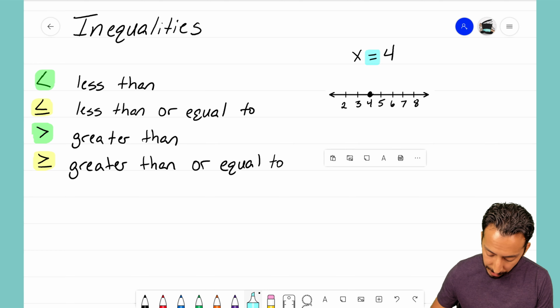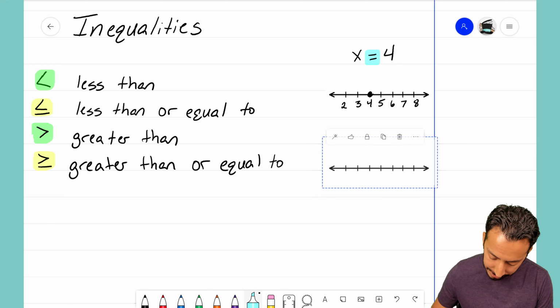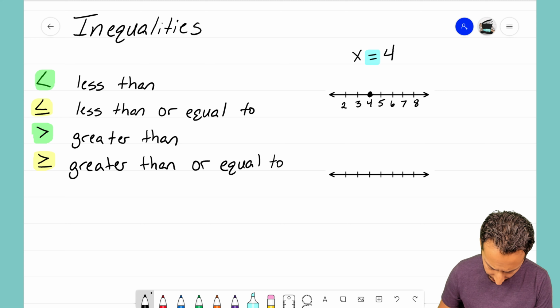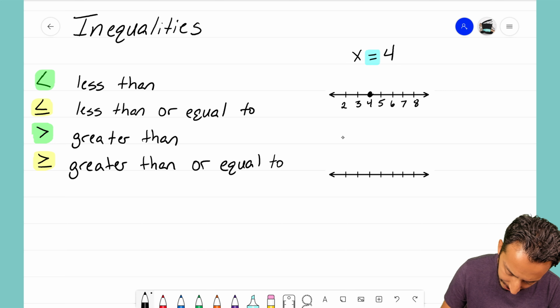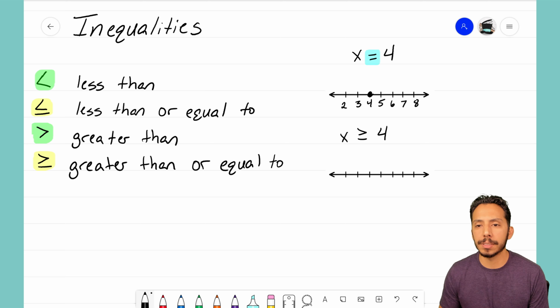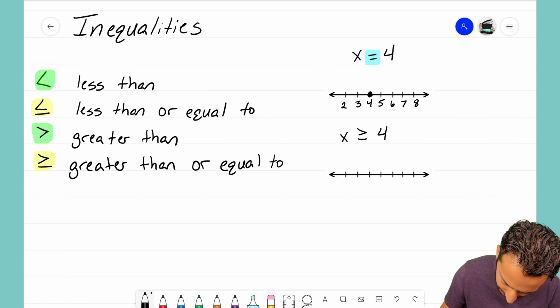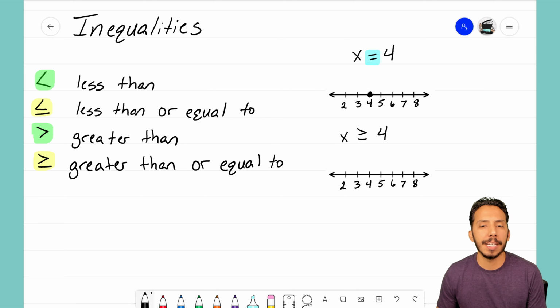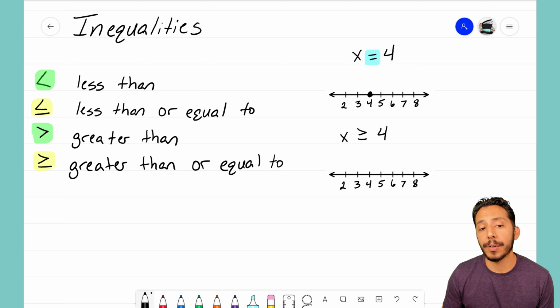Now let me go ahead and paste another number line here so I can get ready for my next example. I'd say let's stick with the 4 there. I like dealing with that 4. But let's now say that I want to look at x is greater than or equal to 4. Notice that it's changed now. I'm going to go ahead and redraw that number line, 2, 3, 4, 5, 6, 7, 8. And now we need to start to think about this as a this or a that.